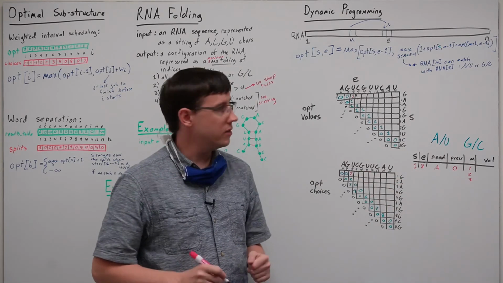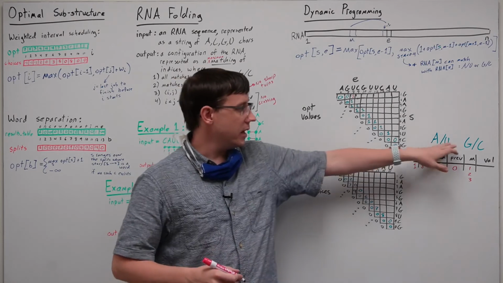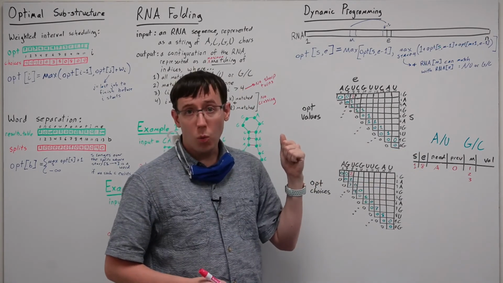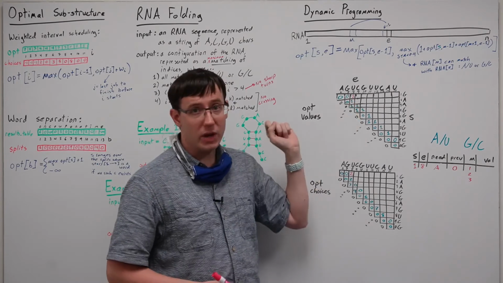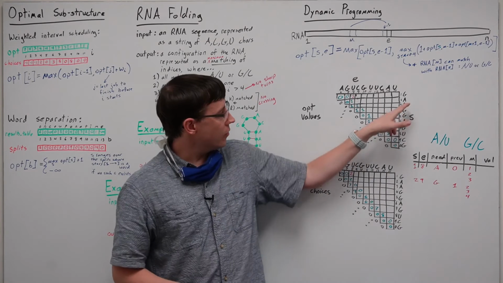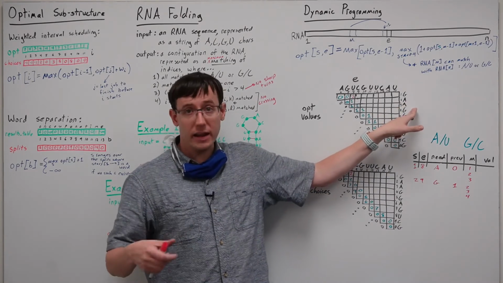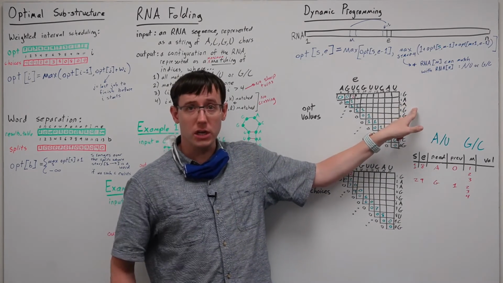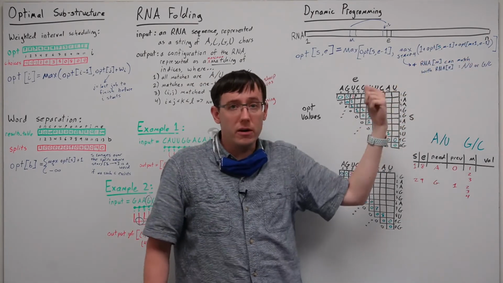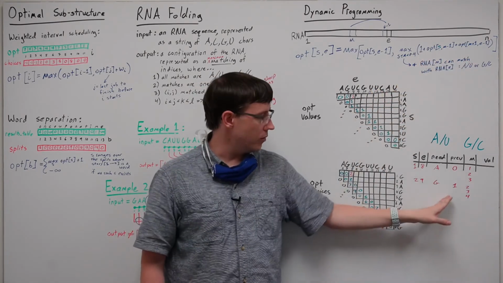Next, on the 2 to 9 subproblem, we have a C and we're looking for a G, and our previous value is now 1 from the 2 to 8 subproblem. M ranges over 2, 3, and 4, and at index 4 we have the character G, so we need to consider whether that subproblem does better than our previous value of 1.